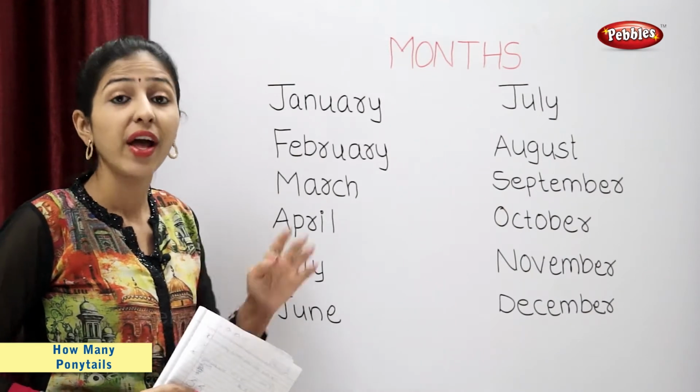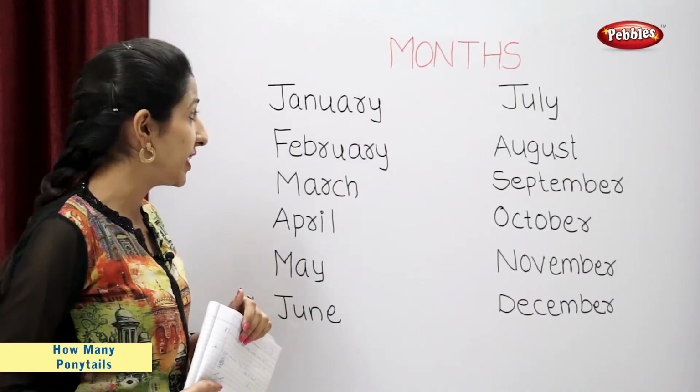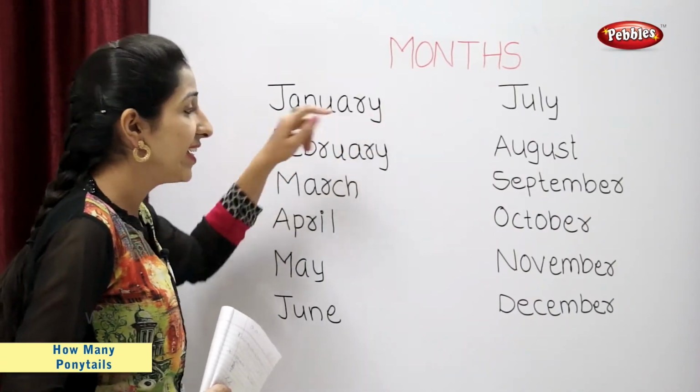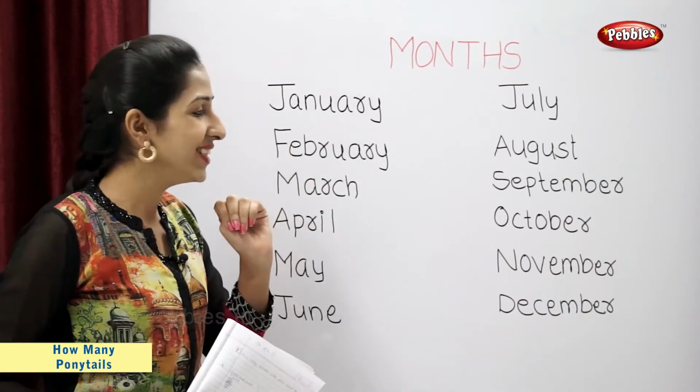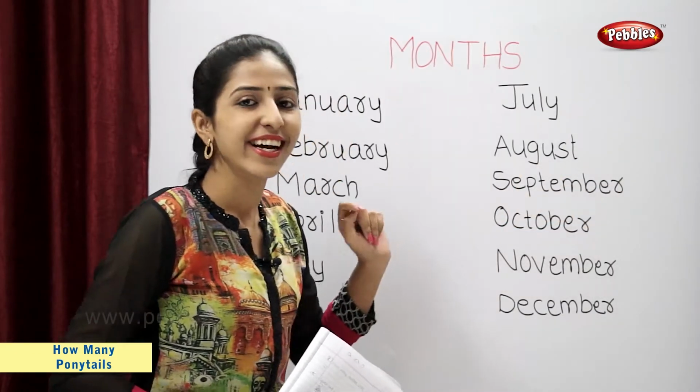No. So, there are 4 months ending with letter Y and 4 months ending with letter R.